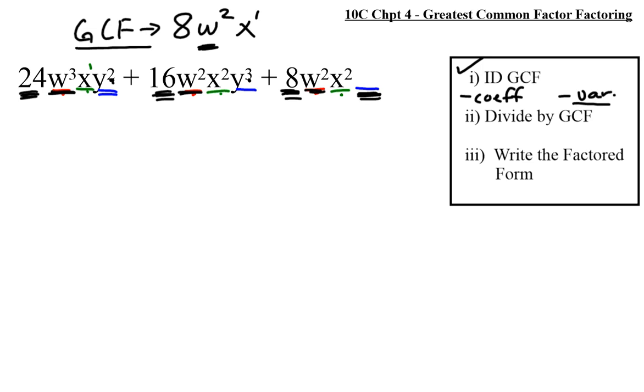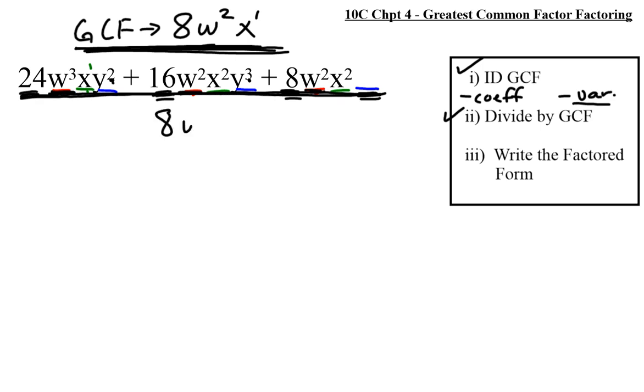So in this case, no y in the GCF, 8w squared x is the greatest common factor for all those terms. Now what do we do? We divide by the GCF. So this entire expression has to be divided by 8w squared x. And every term, like always, has to be divided.